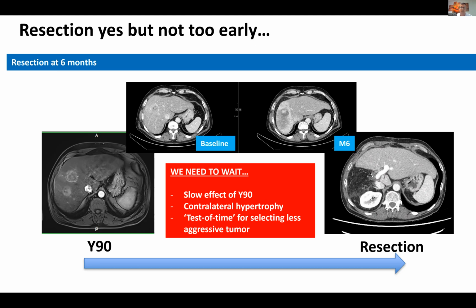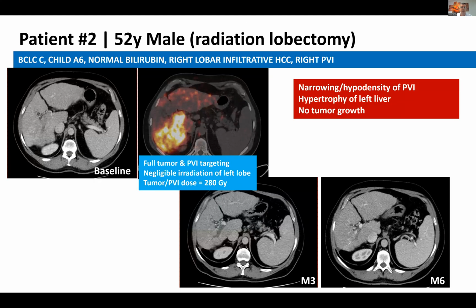If yes, probably we have an aggressive tumor biology, and it's probably not a good idea to resect. On the contrary, if in this lobe you can see no growing nodule, then this is a very good moment to resect the patient. So this test of time is very important to help select good patients for surgery.